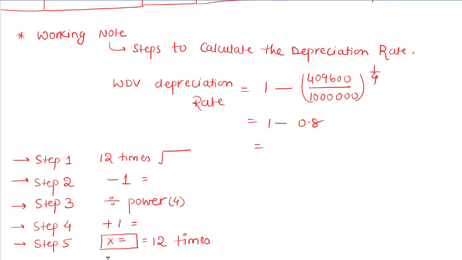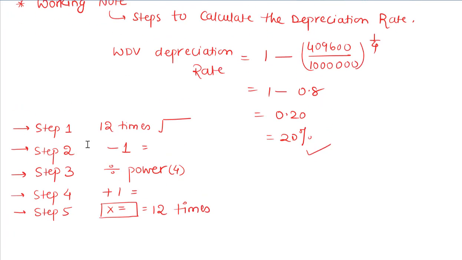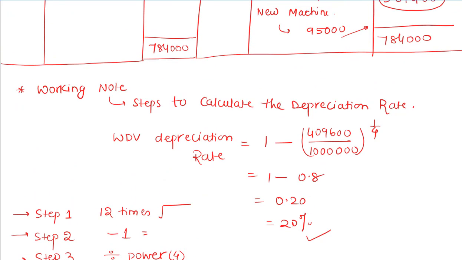The figure you will get is 0.8. So over here the remainder is 0.2, which is 20%. This is nothing but the WDV depreciation rate. I believe it is clear. Fine, so we are stopping here and we'll continue from here in the next class.